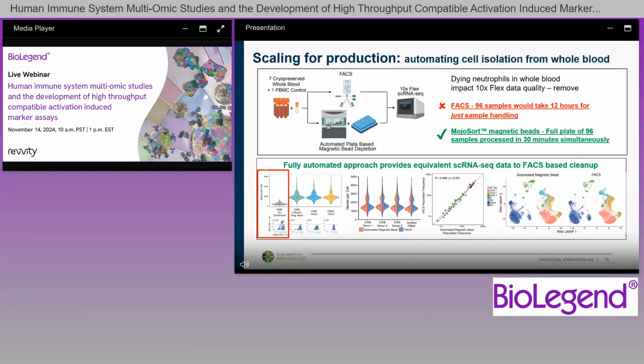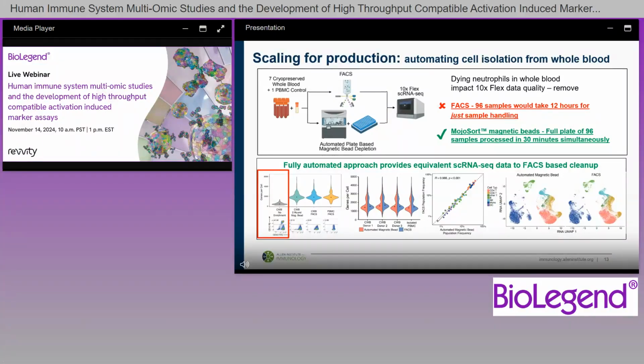And so what's really cool about this is you can isolate immune cells from whole blood that are quality cells to go through the 10x Flex protocol. And so down here on the bottom, we're looking at the amount of genes per cell. And so this first column, the gray plot here, is what it looks like when we haven't isolated the lymphocytes from that.